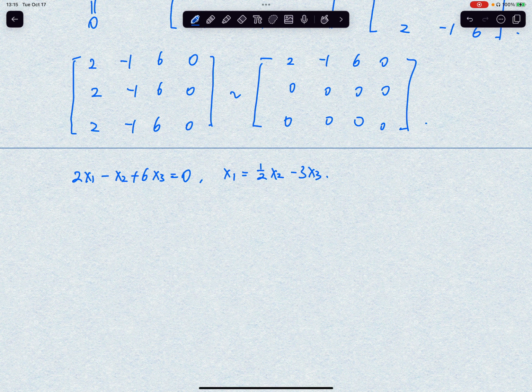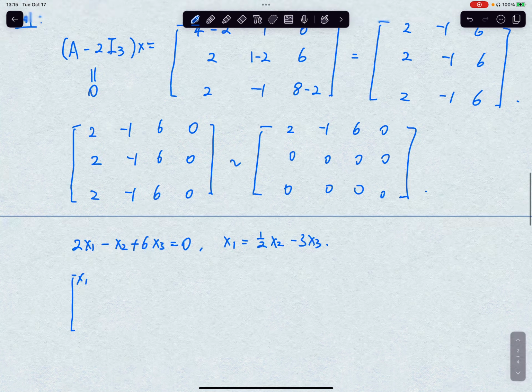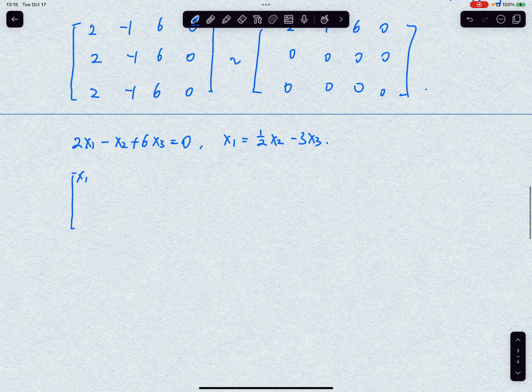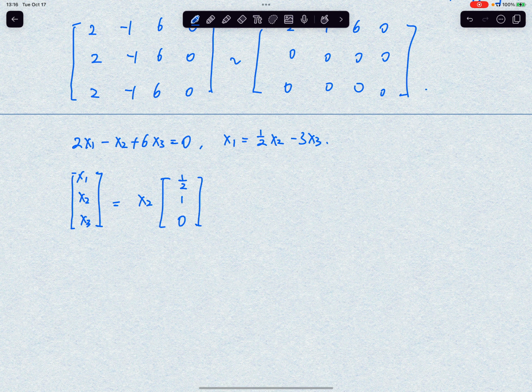So the general solution for (A minus 2 I_3) x equals 0 is x2 times (1/2, 1, 0) plus x3 times (-3, 0, 1).